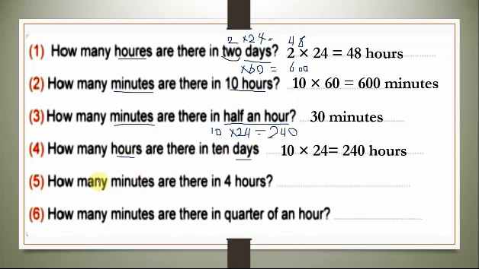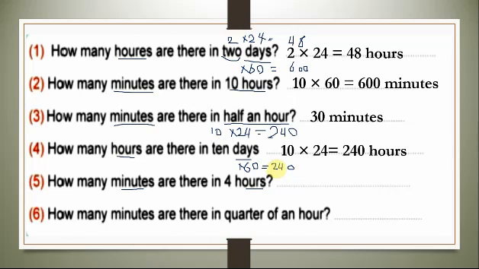The next question. How many minutes are there in 4 hours? Minutes and hours. The relation between hours and minutes is 60. So 4 times 60. I have a 0, so I will put it. Then 4 times 6 equals 24.